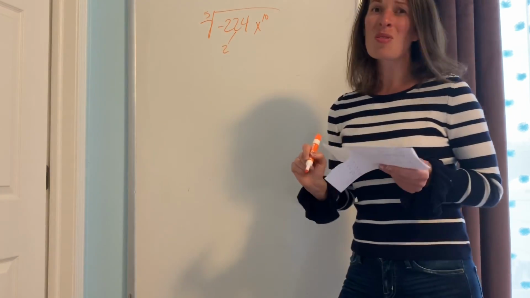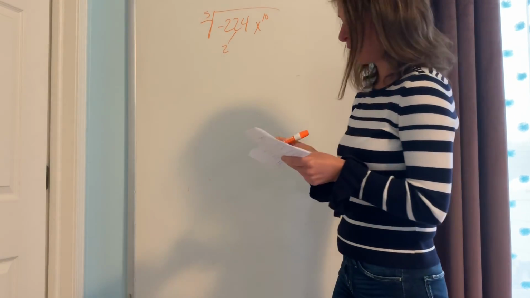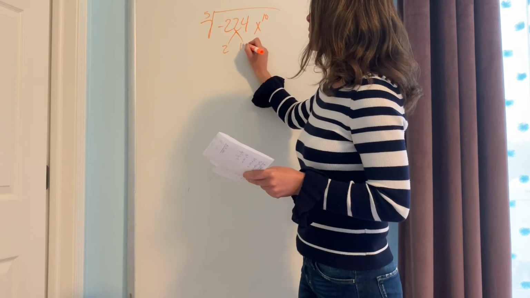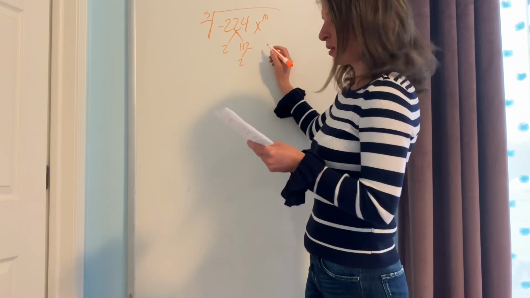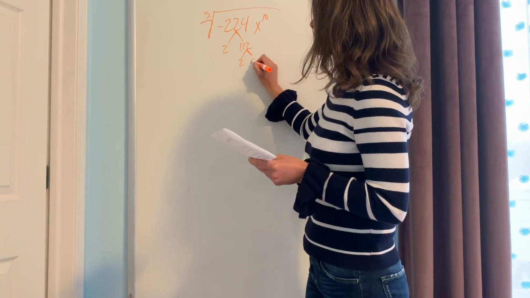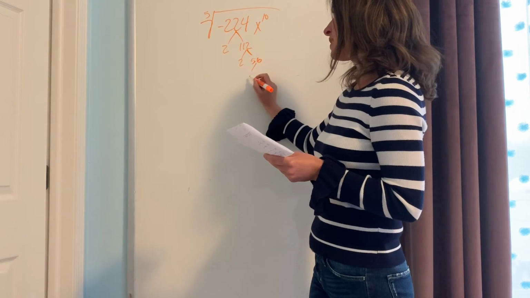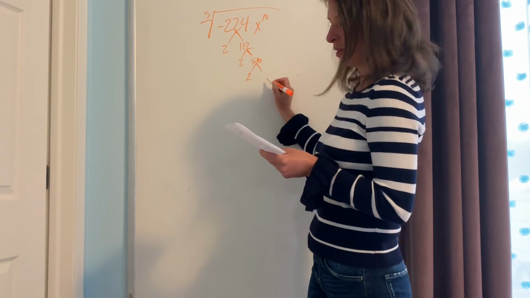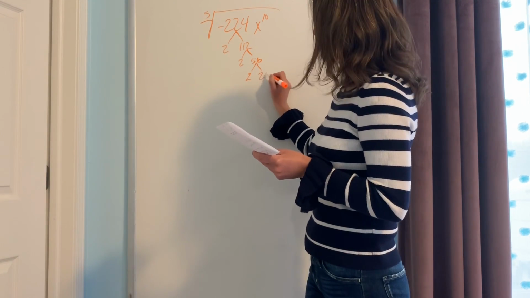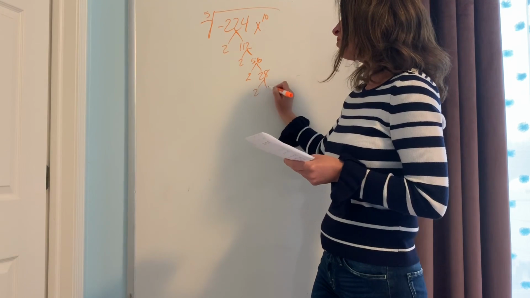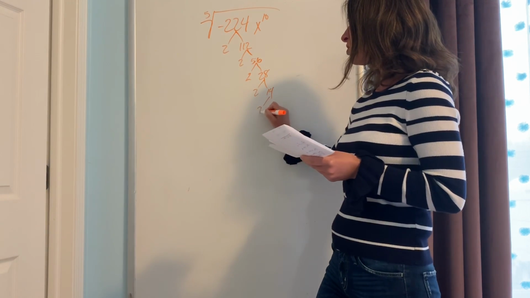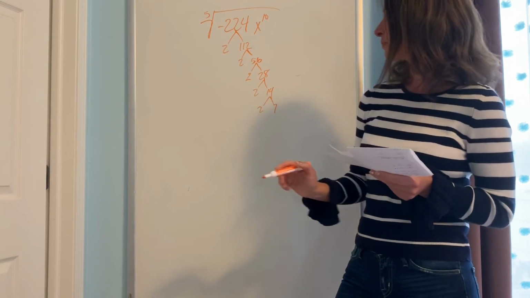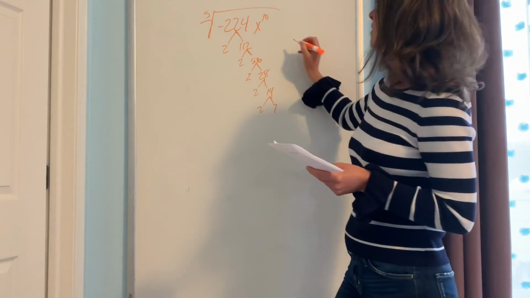It's even, so I know that I can divide by 2. So I get 2 and 112, 2 and 56. 56 is still even, so 2 and 28, still even, 2, 14, 2 and 7. And then I have x to the 10.